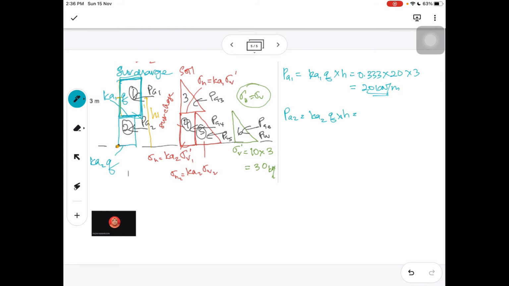So equals 0.26 times 20 times 3 equals 15.6 kilonewton per meter.